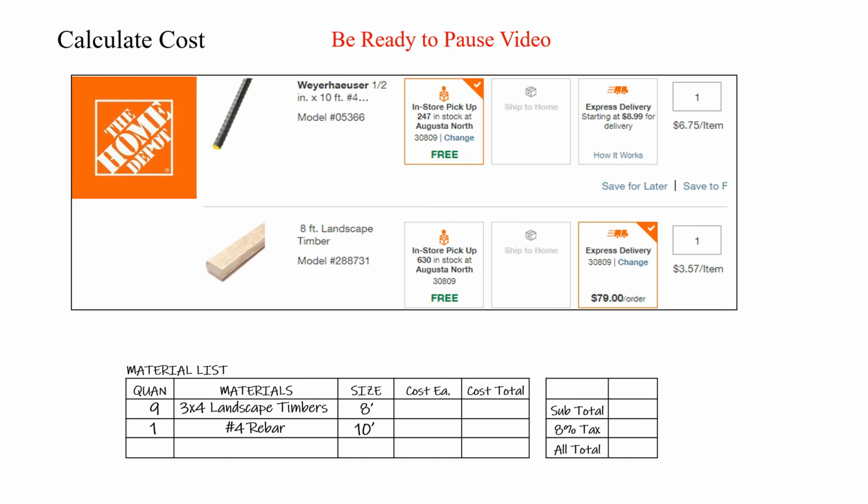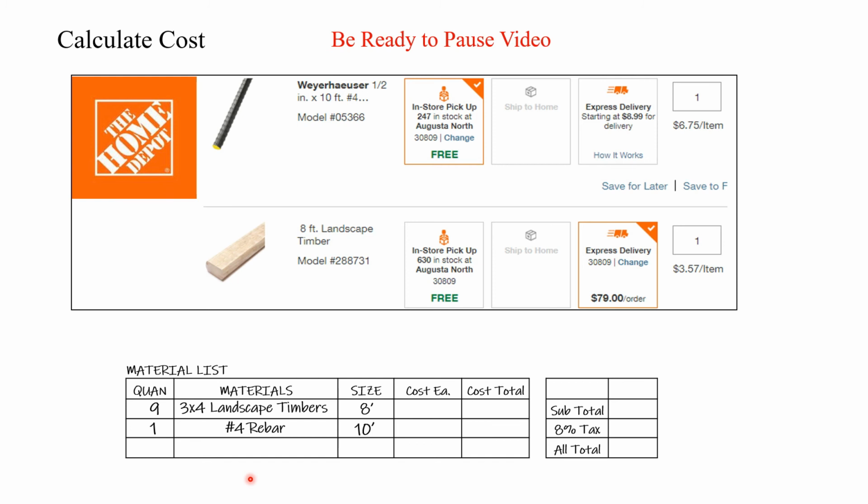All right, the next thing we want to do, be ready to pause the video, is calculate our cost. We just want to fill in the cost of each item and total it up. So if one landscape timber is what? How much is it? $3.57. Plug that in here.